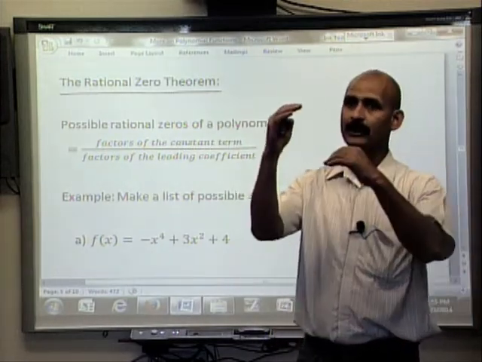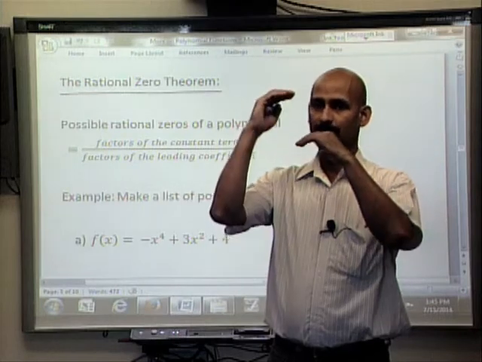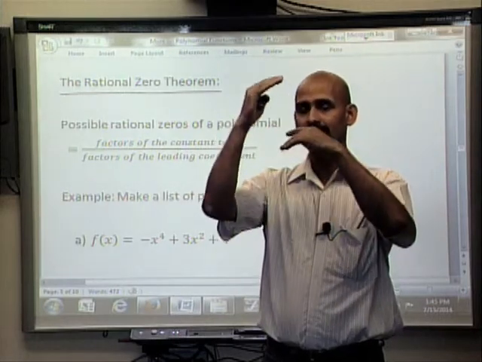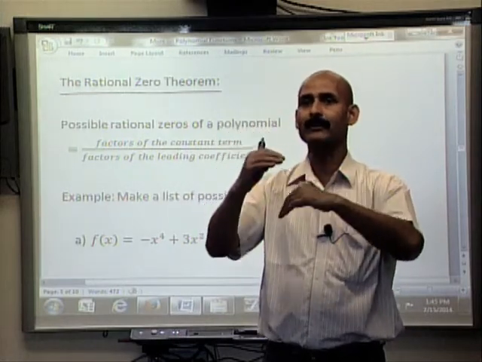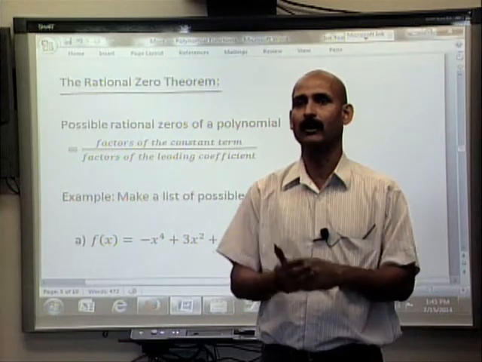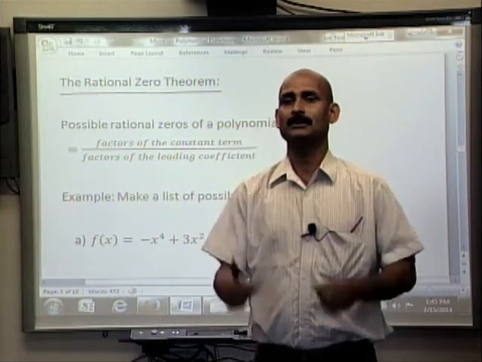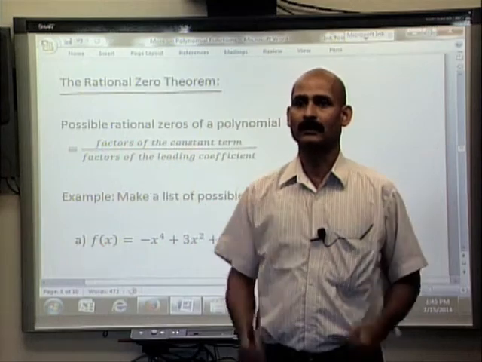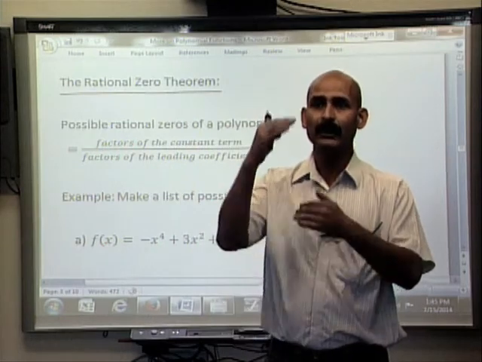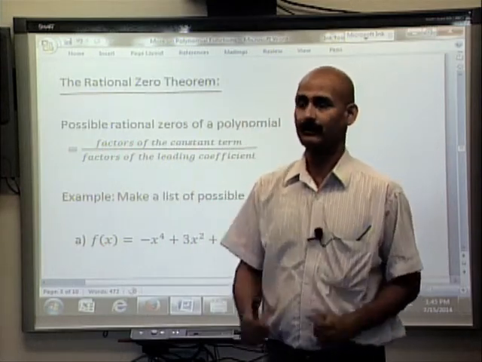So, there is a constant term in the polynomial. If the factor of the constant term is divided by the factor of the leading coefficient of the polynomial, that gives us a possible rational zero. If there is a rational zero, it should be of that type.